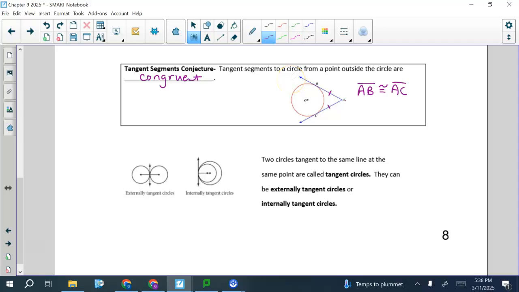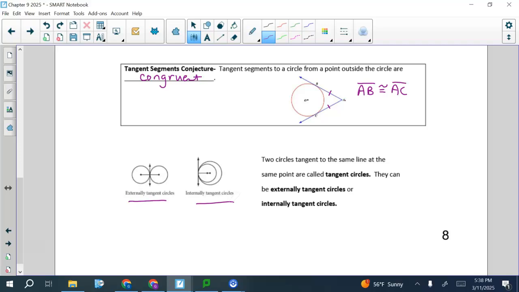Two circles tangent to the same line at the same point are called tangent circles. They can be externally tangent circles or internally tangent circles. So there are the two scenarios.